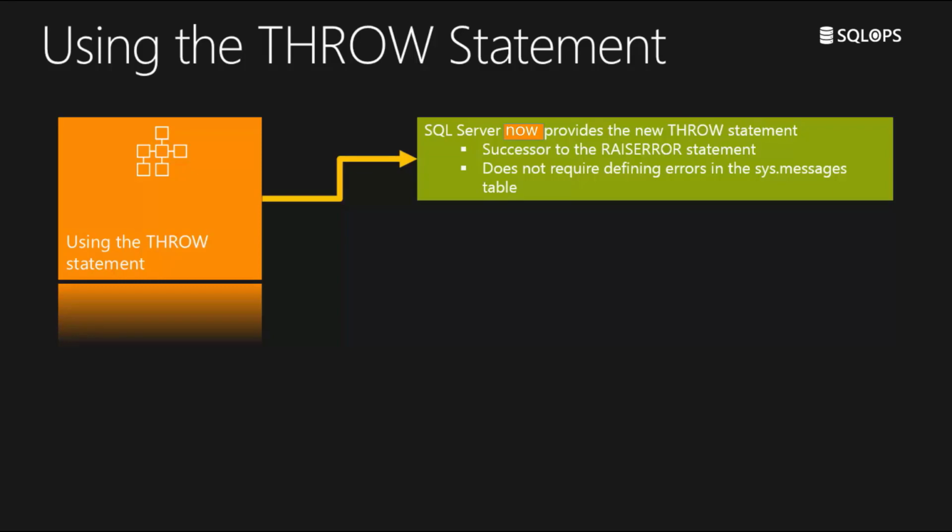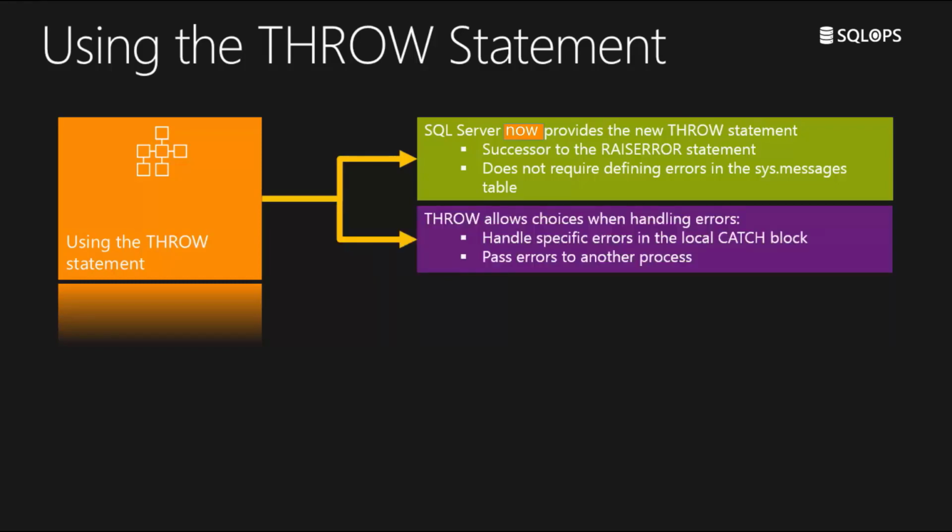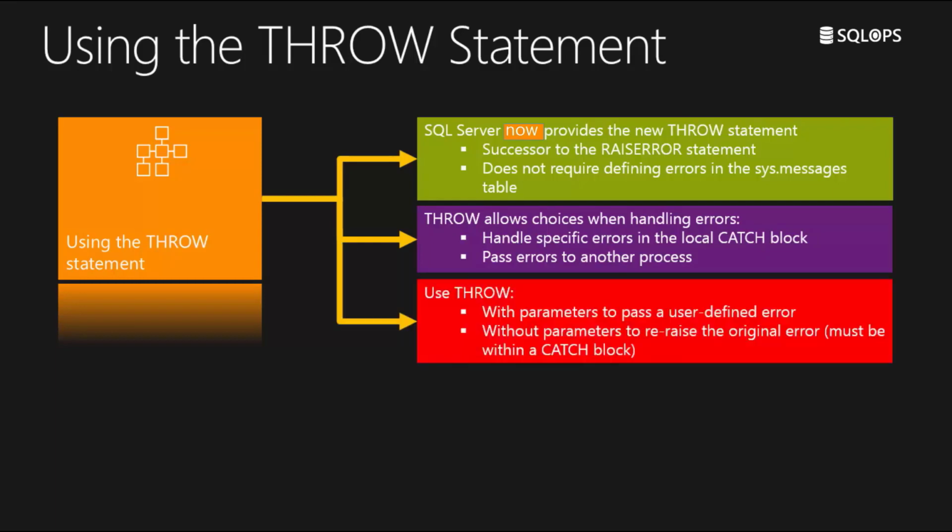Throw statement enables you to raise user-defined errors as well as the system errors. Throw also enables you to include error handling code in a catch block to raise the original runtime error and pass it to an upper layer, such as a calling stored procedure or a client application. And there are two methods for using throw. From any location within your T-SQL code, you can invoke throw with parameters to raise a user-defined error message.